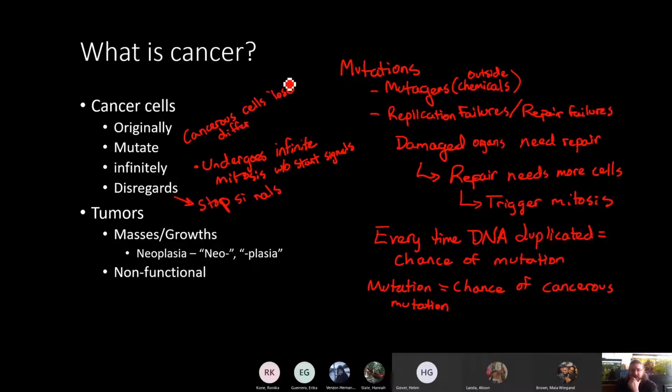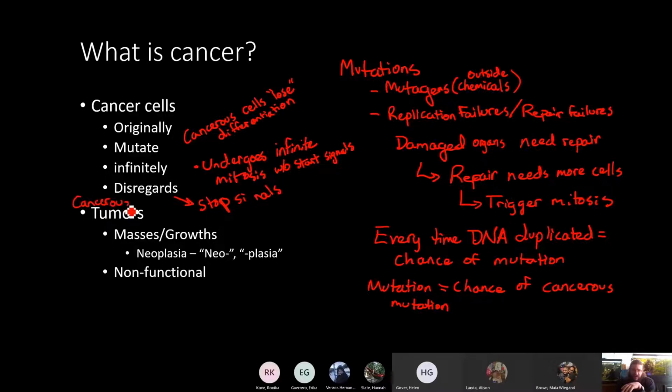I'm going to put lose in quotes because it's faster than become undifferentiated. So cancer cells in these mutations that allow them to start mitosis without start signals and just undergo mitosis infinitely while ignoring stop signals, they tend to be undifferentiated. So tumors are non-functional.